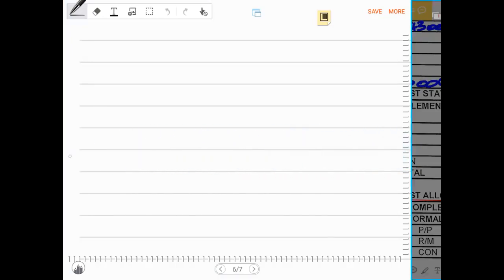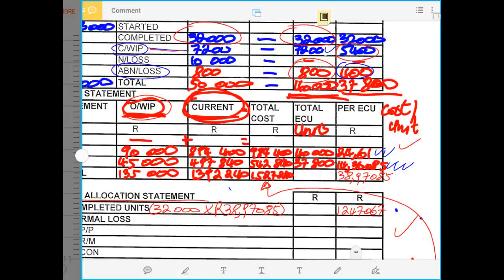I will take the same information and record it in a ledger account perspective, which is the ledger account of work in process. That means you have to understand how to do the work in process ledger account when you are given information of this nature in an allocation statement.